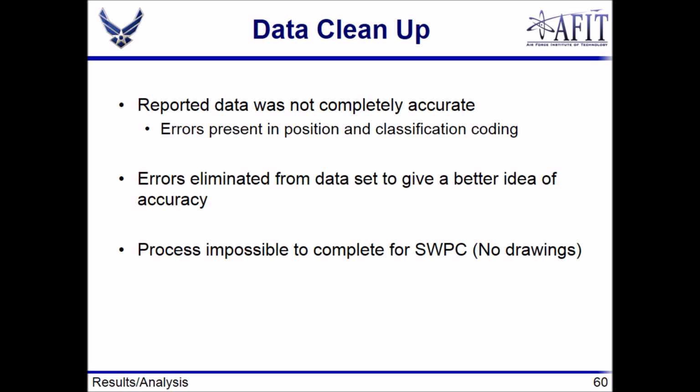I want to mention, before we get into the position results, that there were some errors in the data that was put out. Holloman puts out their sunspot drawings, and when there was a significant deviation in one of the results that I found, I could go back and look at the drawings, and there are actually errors associated with the position and the classification in some of the Holloman reports.